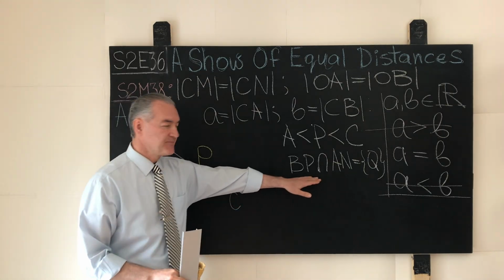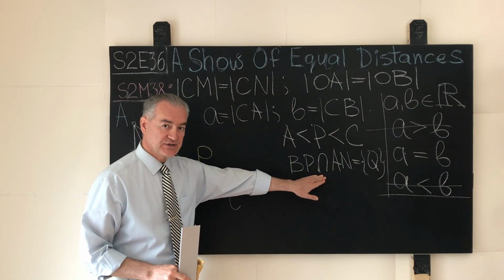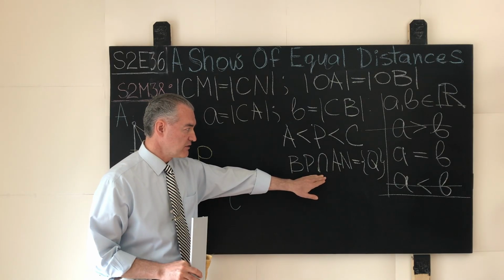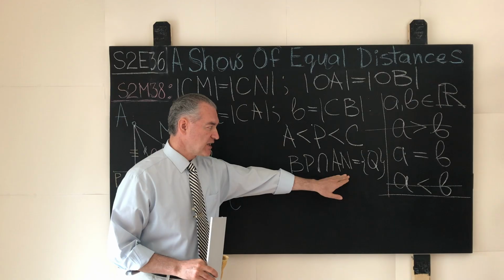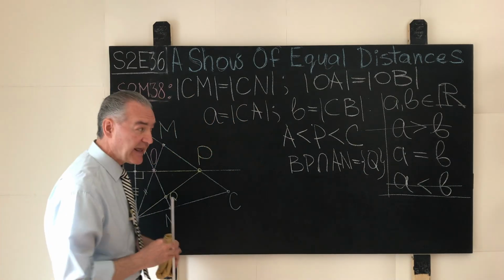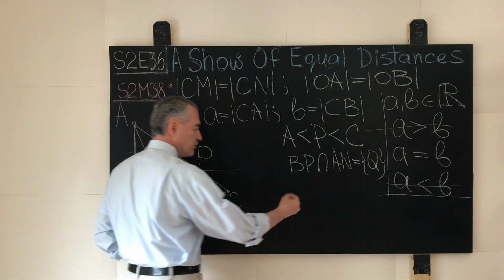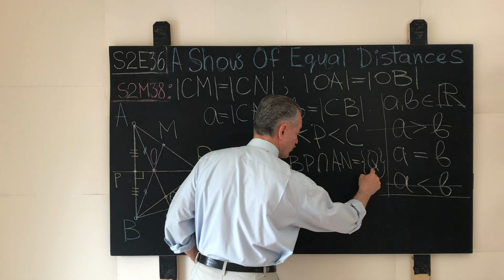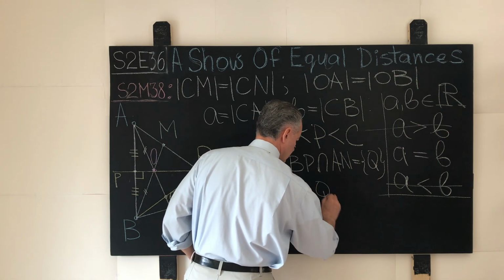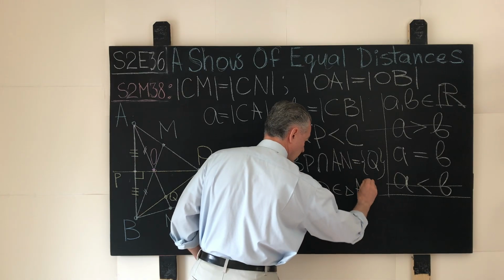I captured that fact over here. The line segment BP intersects, this is the sign for intersection, we steal it from the theory of sets, with the line segment AN over the point Q. And it is important to understand that this point Q belongs strictly to the triangle ABC.